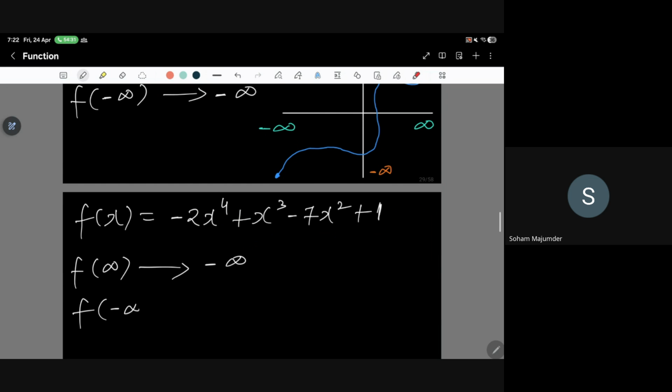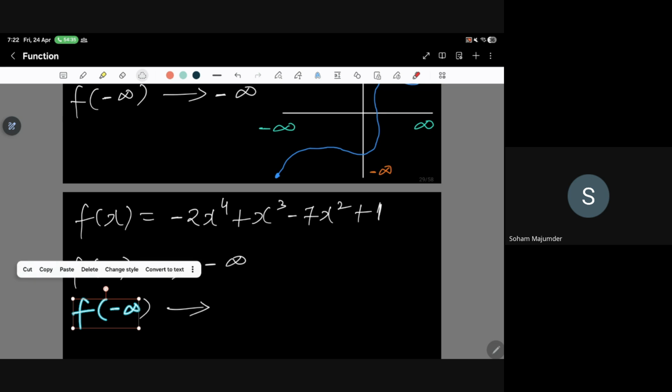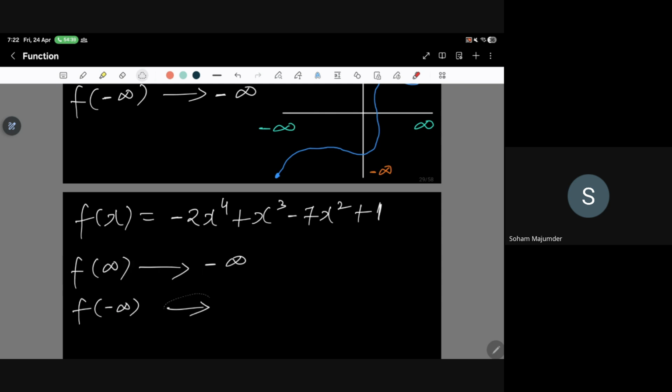In the same way, if I substitute minus infinity, where do you think it should go? When you substitute minus infinity, the value of the function will go towards which infinity, plus or minus? Minus infinity. It will again go towards minus infinity, because when you substitute x equal to some negative quantity, because of the even power it again becomes positive.